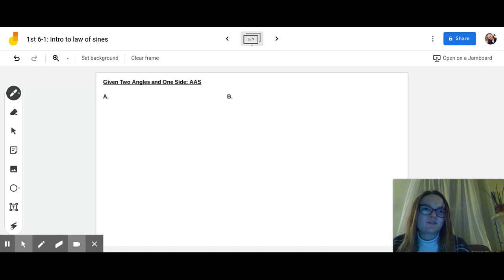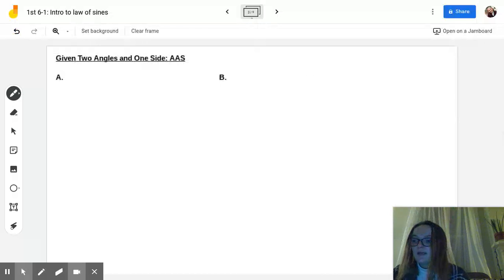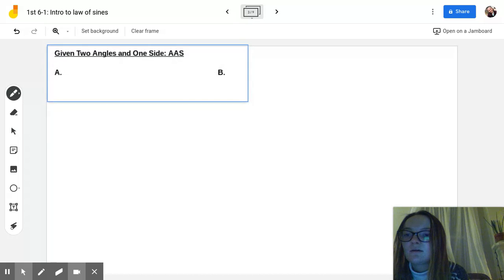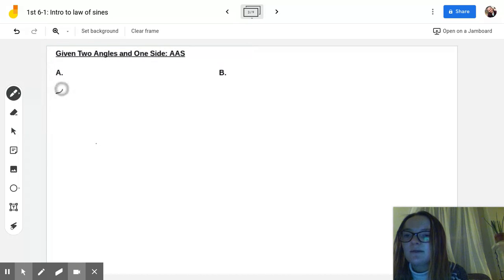And we're going to go on to our very first problem for the day. So our very first problem for the day is this. We're going to say that my angle C is equal to 102 degrees.